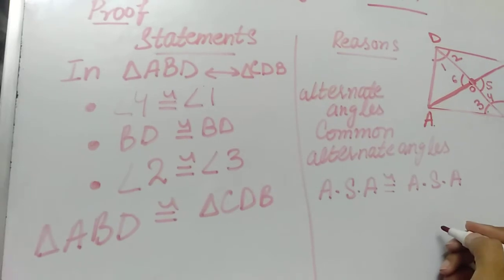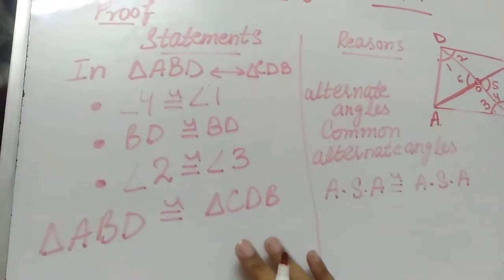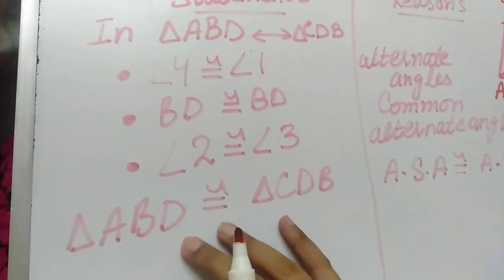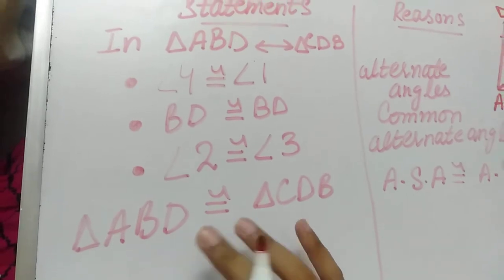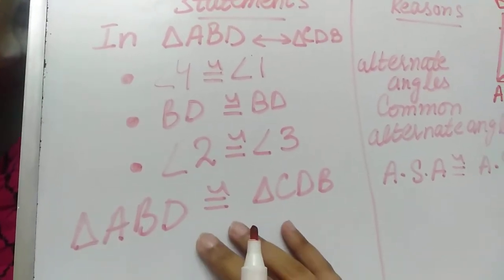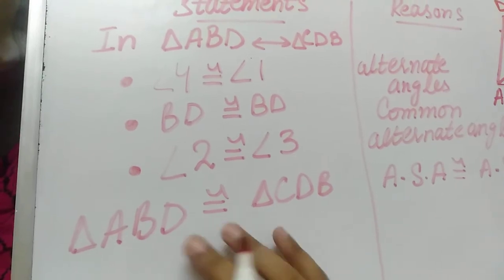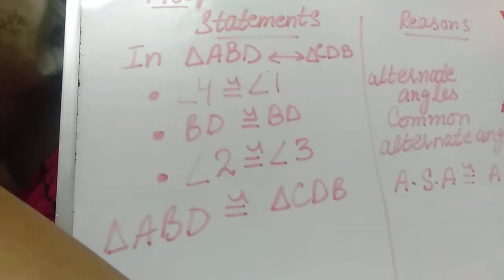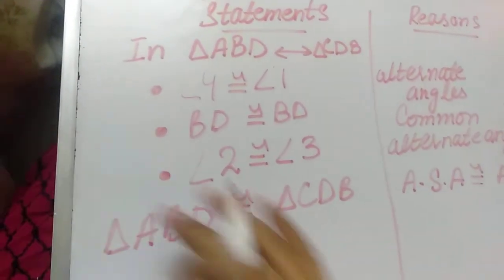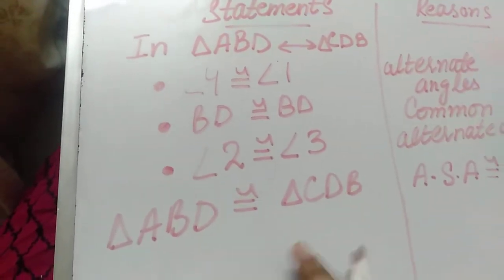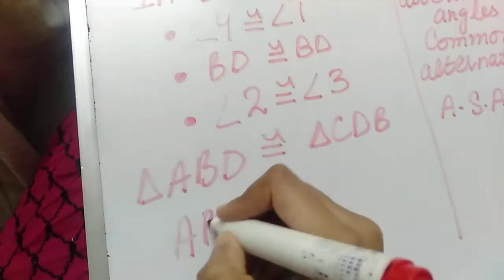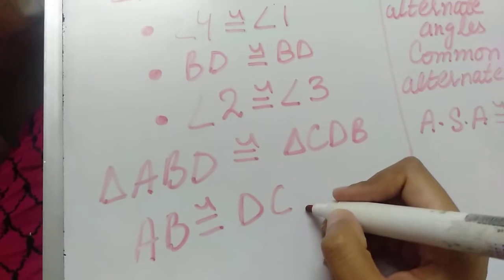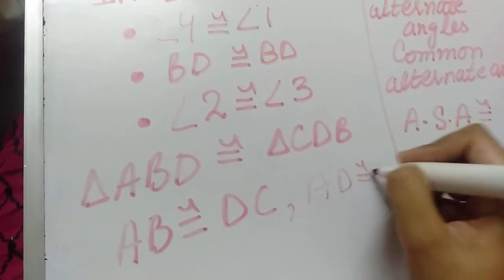Now it is a known term that if two triangles are congruent, then we can take any angle and any side of the triangles as congruent, because the corresponding angles and sides of congruent triangles are also congruent. So I am using here AB is congruent to DC, the statement we have to prove in the first point, and AD is congruent to BC.